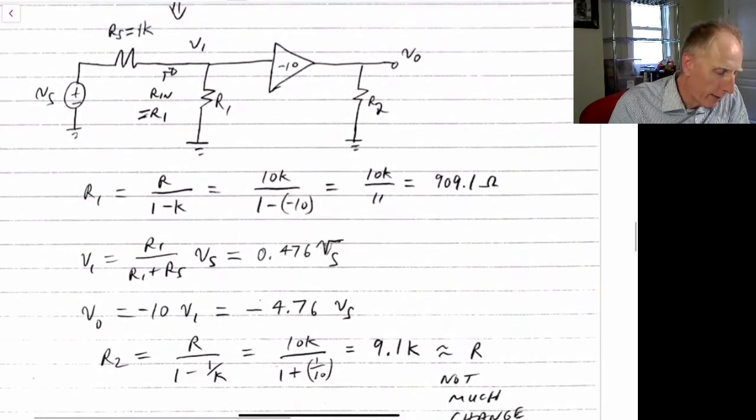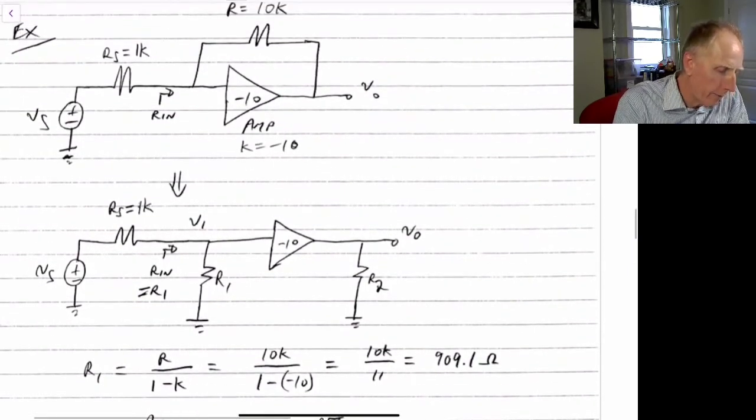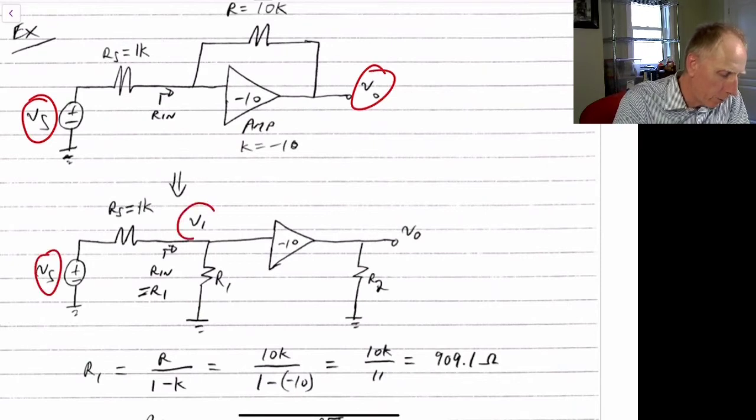If we want to find the overall gain, from Vs to Vout, we can first find the gain from Vs to V1, where we just have a resistor divider between R1 and Rs.